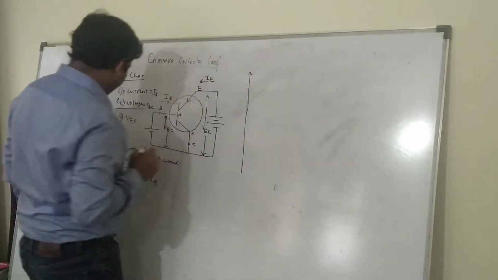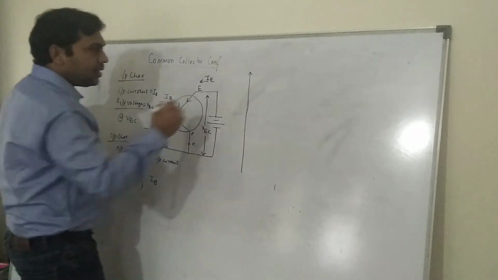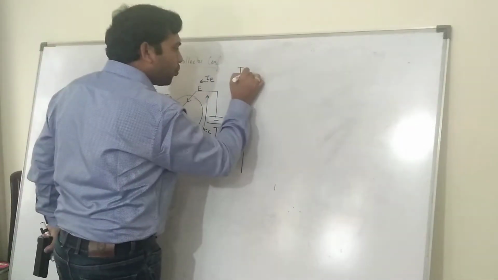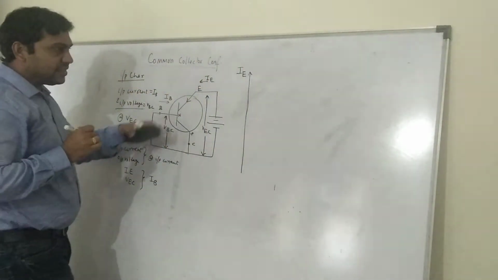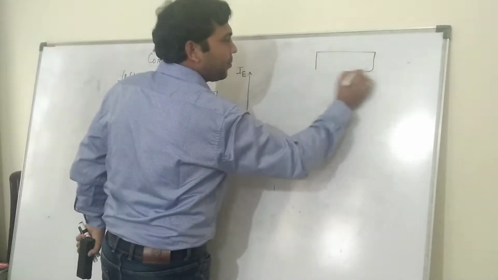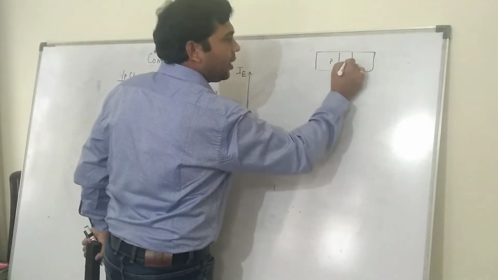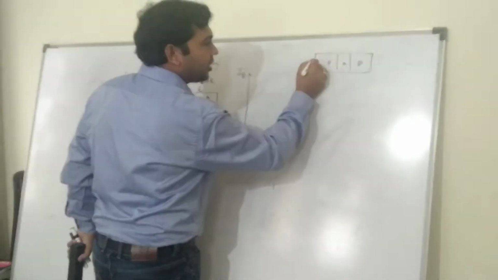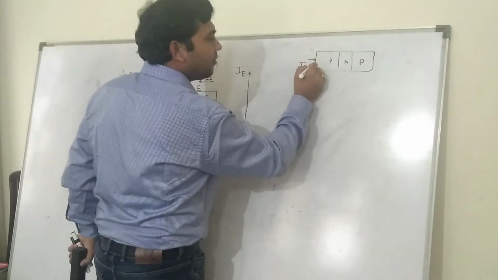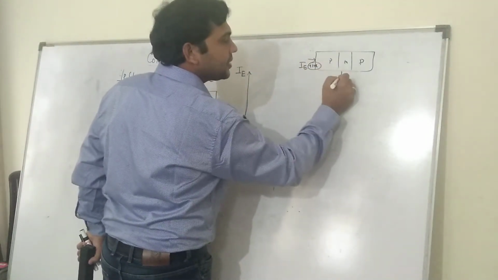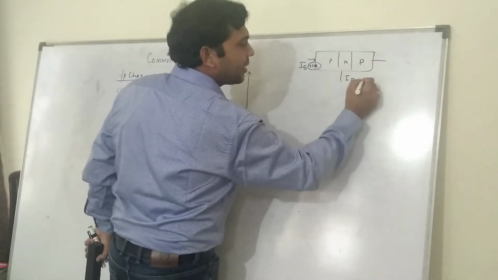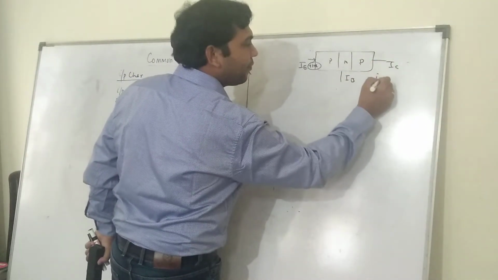How can we draw it? IE is the output current. Since it's a PNP transistor, the emitter current is always positive, whereas the base and collector currents are negative.